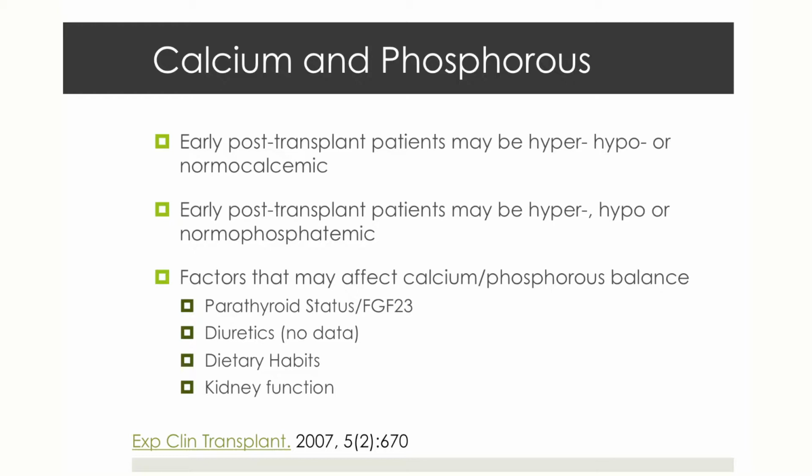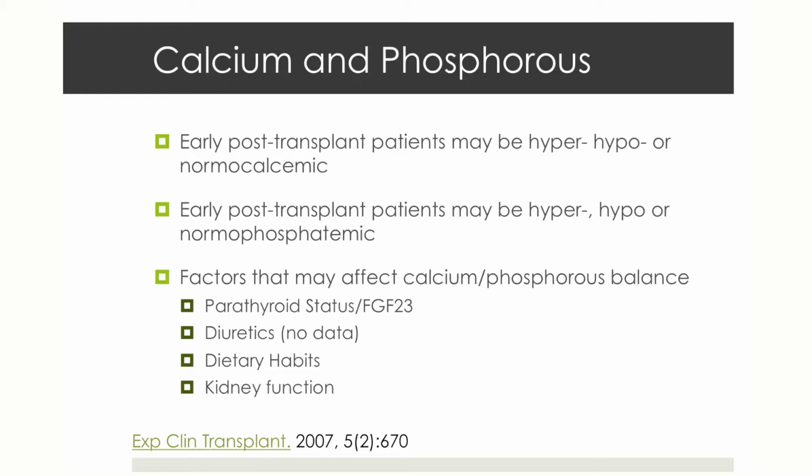And the factors that may actually influence their calcium and phosphorus include their parathyroid status pre-transplant, as well as FGF23 levels. There are no data on diuretics, but theoretically, since several of the diuretics, as you know, hydrochlorothiazide decreases urine calcium excretion, whereas furosemide increases it, there are no data on the impact on the transplant.